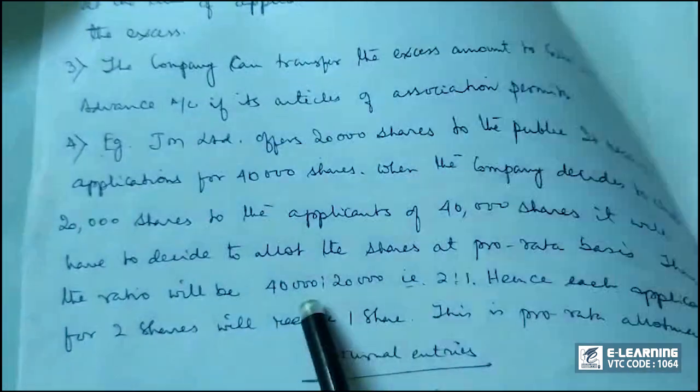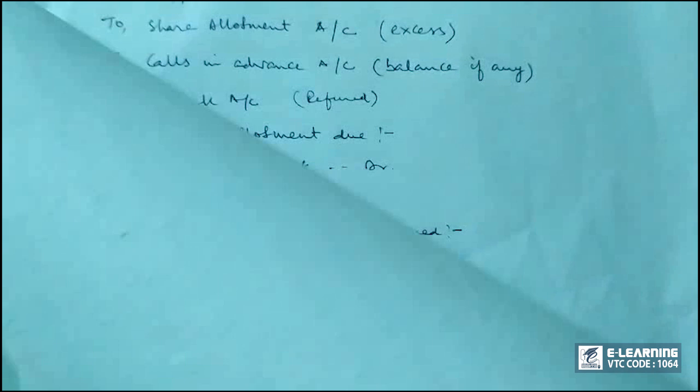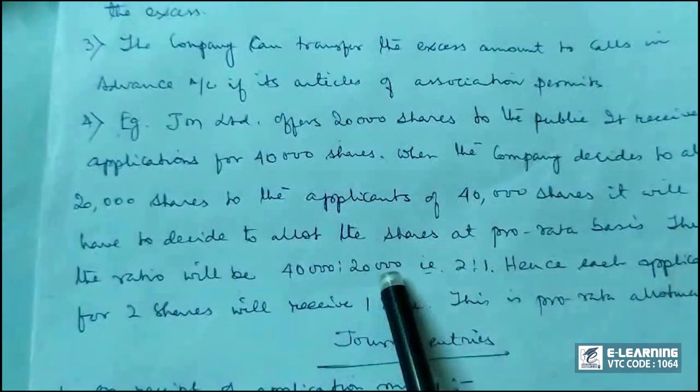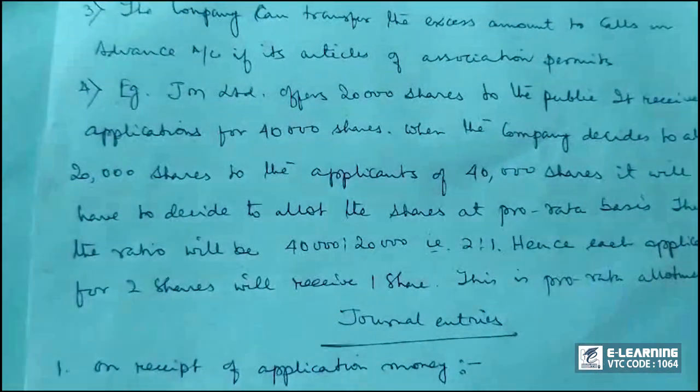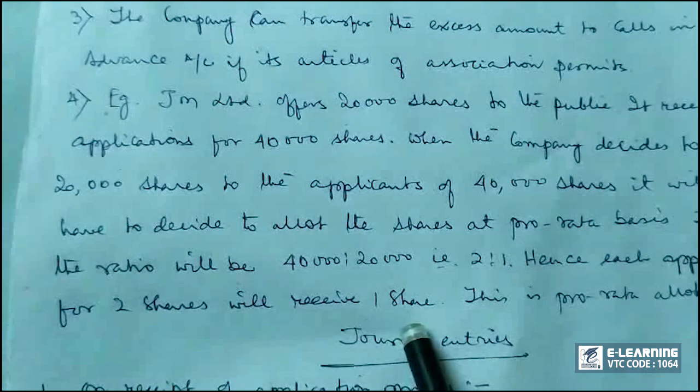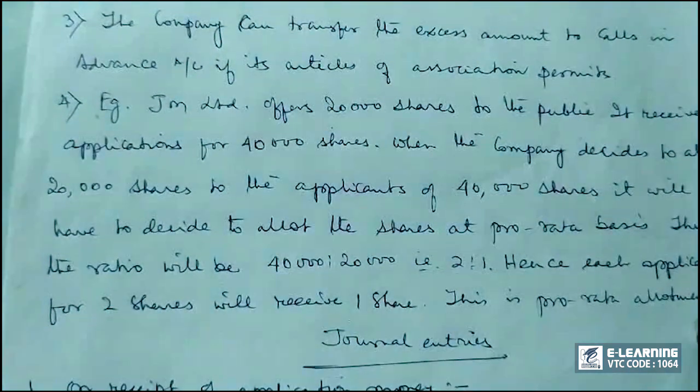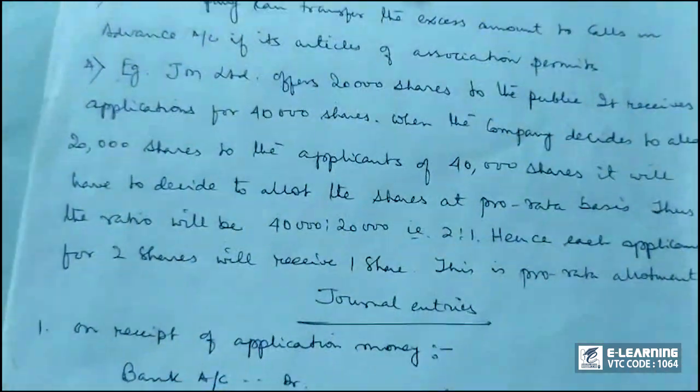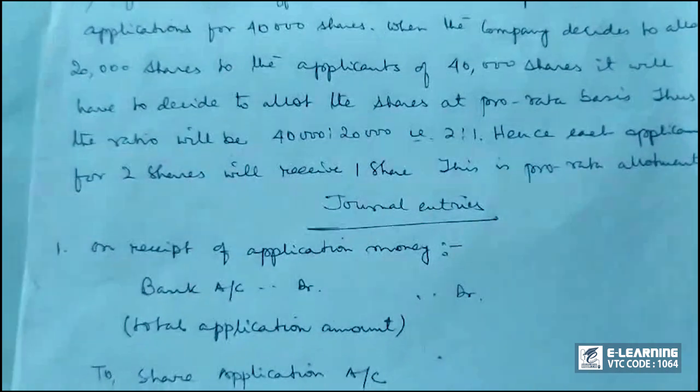Thus, the ratio will be 40,000 to 20,000, that is 2:1. Hence, each applicant for 2 shares will receive 1 share. This is what is called pro rata allotment.